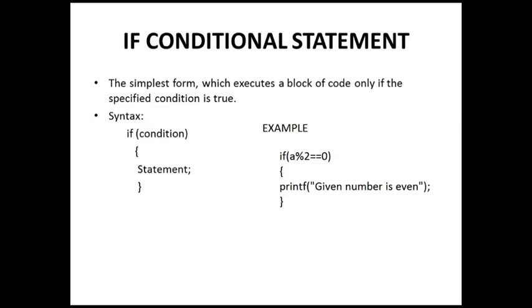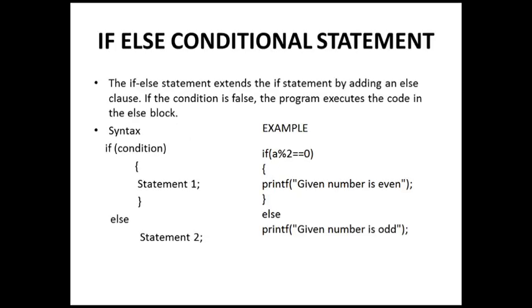In this example, if the modulus of the given value a is equal to 0, we execute the part of the code that says the given number is even. We consider only the true case in the if conditional statement. We don't consider the false case in the if statement.